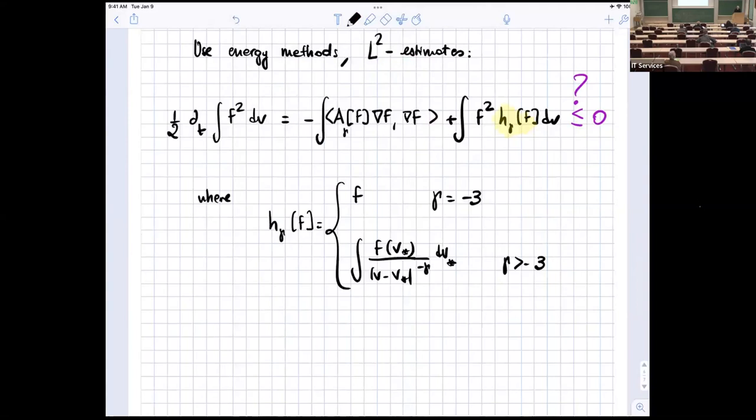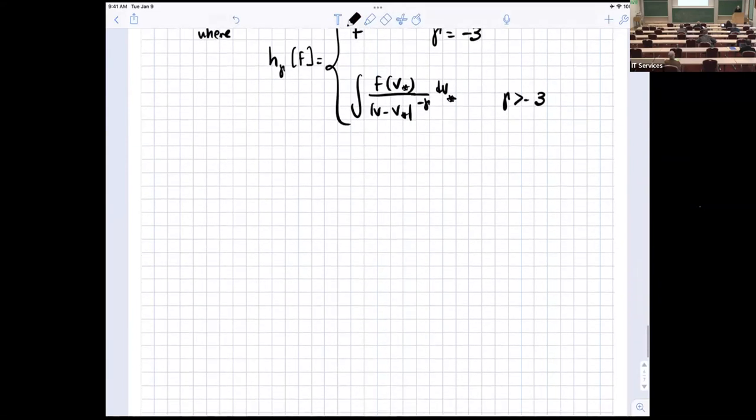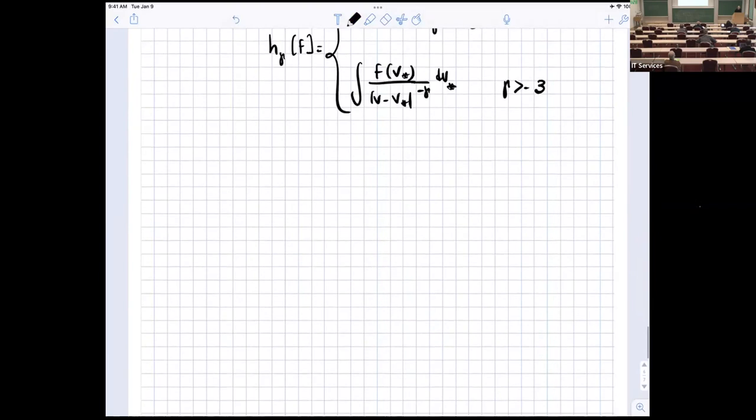Well, actually, when gamma is greater than -2, we showed, and this was not known, that the following weighted Sobolev inequalities hold.